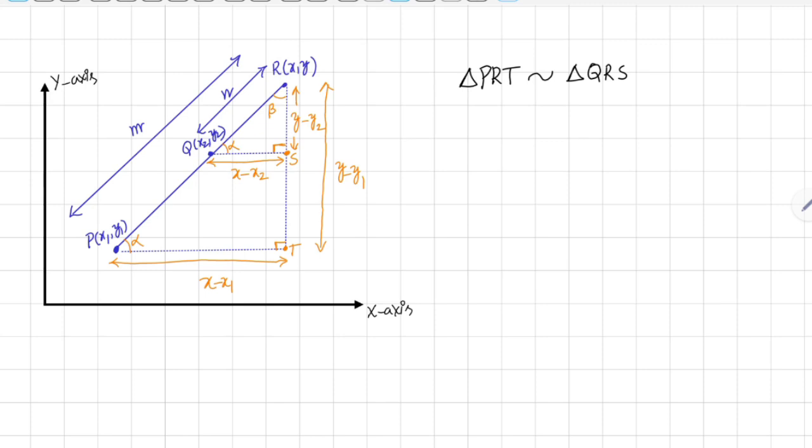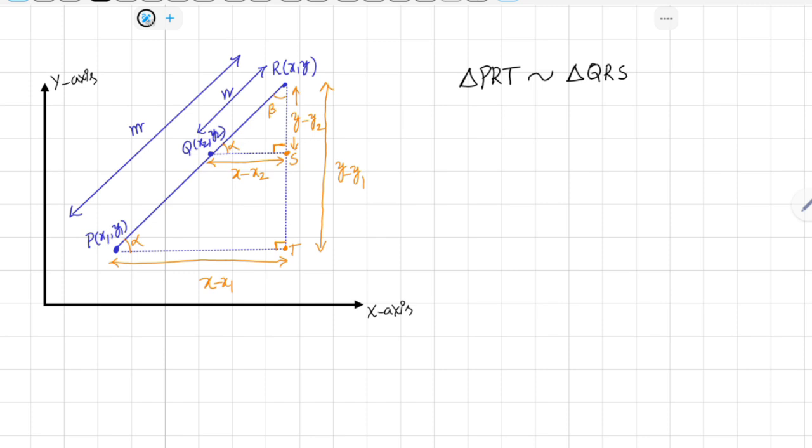Why? Because these two angles are equal, and this angle beta is common to both the triangles, and these two angles are right angles. Hence we can say that these two are similar triangles, and we know that already the ratio of the corresponding sides is equal in case of similar triangles.